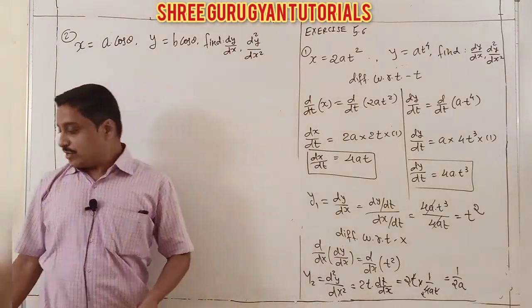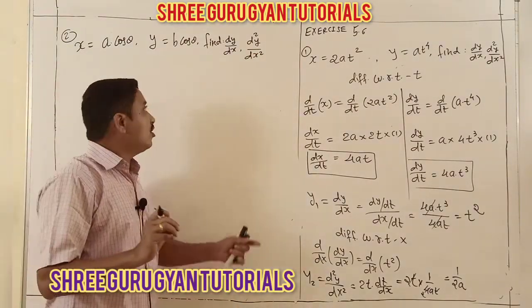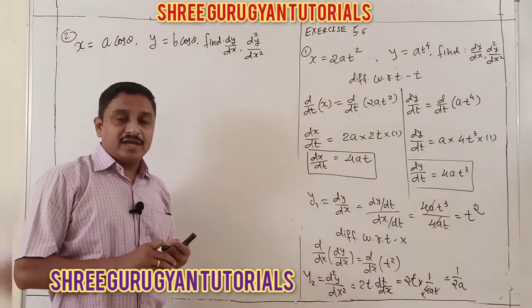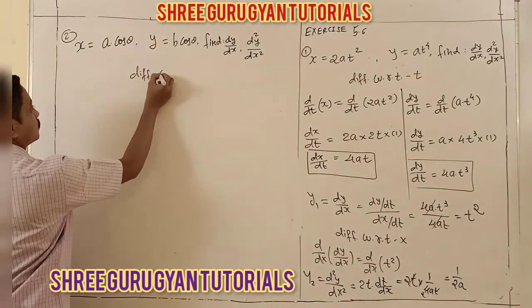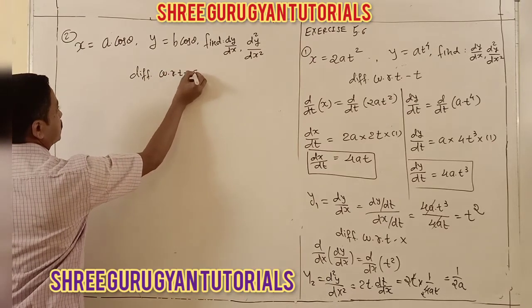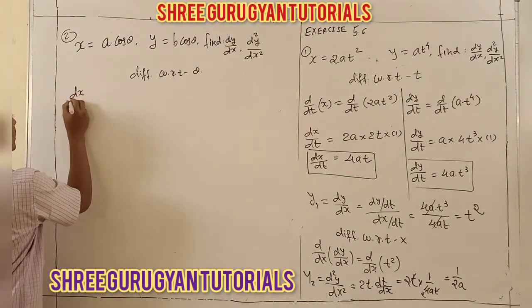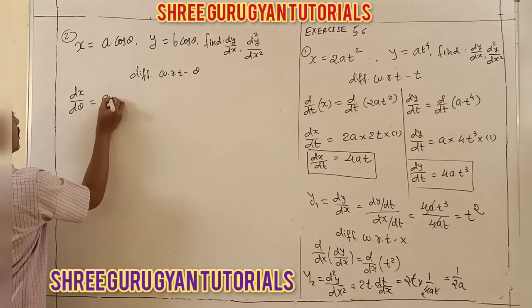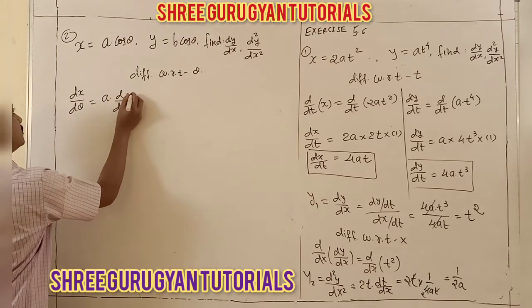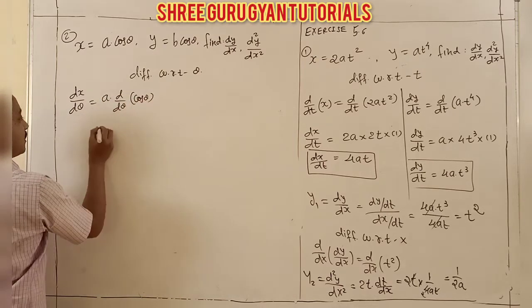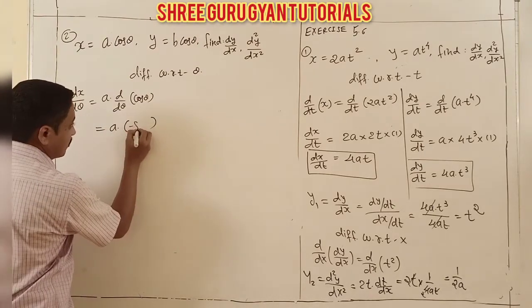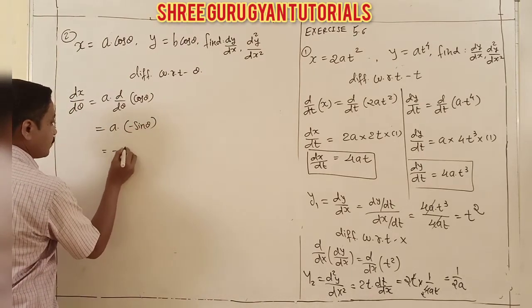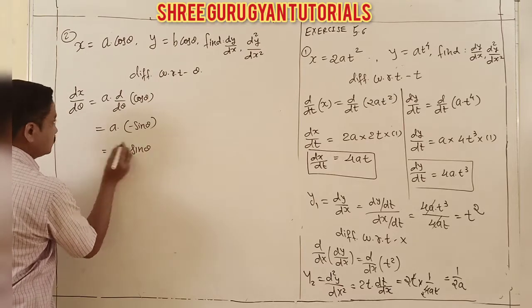Start the derivative with respect to our parametric variable theta. It's very simple, sir. Differentiation with respect to theta. So dx by d theta, a is constant, d by d theta of cos theta. Yes, that derivative I know. It is minus sin theta. Yes, simply done.